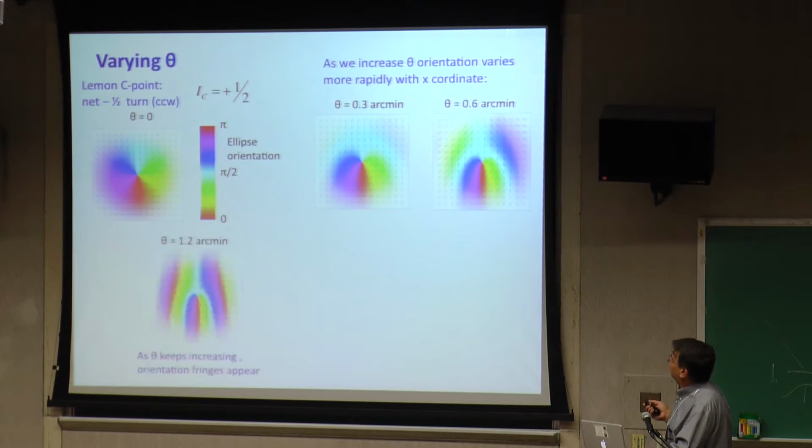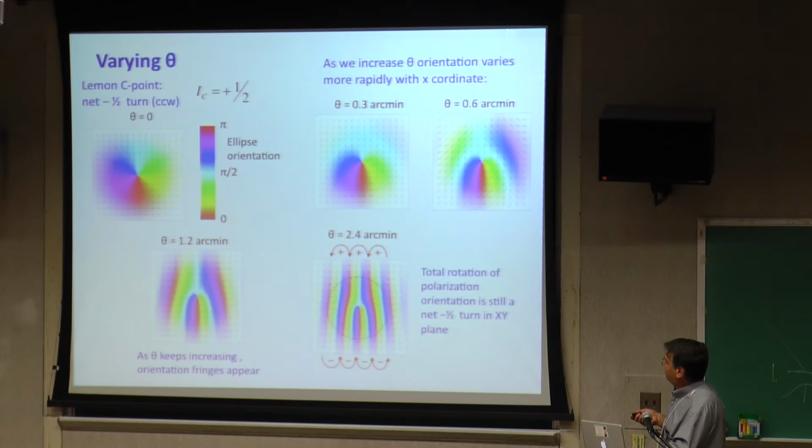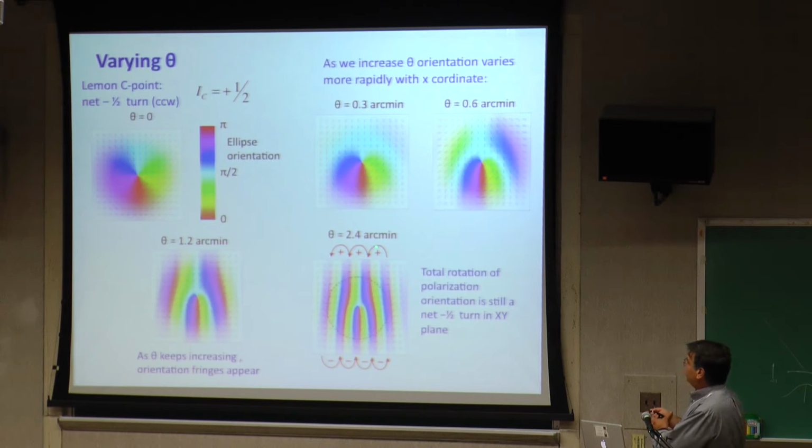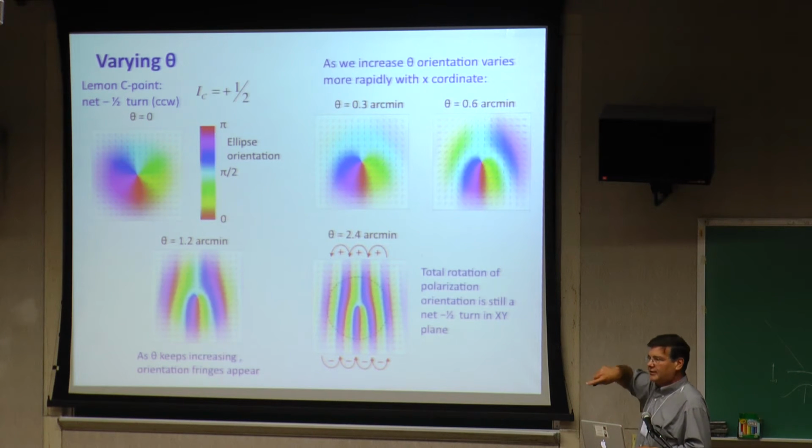And as you increase the angle further, you start to get polarization fringes. And so then if you analyze the polarization fringes, you start to see that as you go from here, red to red, the semi-major axis just went half a turn. And then you go again red here, it went through half a turn again. So what the polarization ellipse is doing when going through here is doing this rotation.